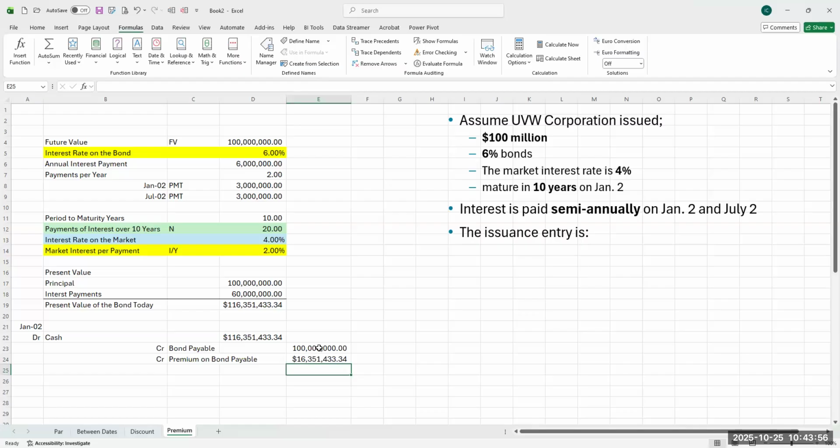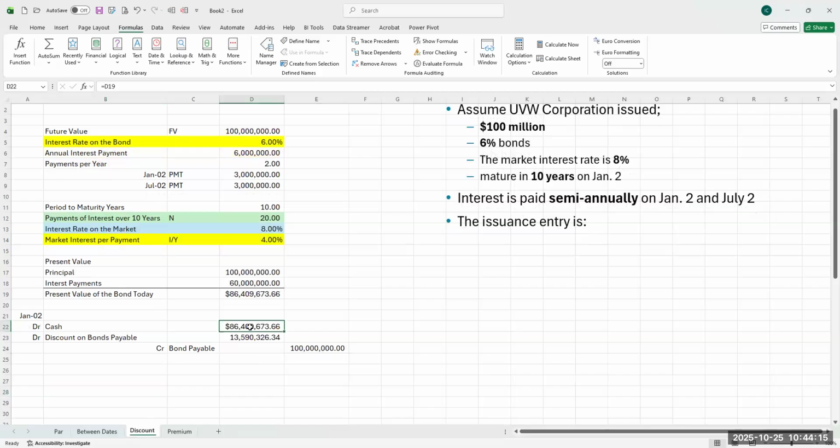And that's how we're going to issue, well, that will be the journal entry when we issue the bonds with the premium. Again, we're going to get more cash than what we have to pay, and everything else will be premium. Whereas in the discount, we're getting less cash than what we have to pay, and the difference is related to discount.